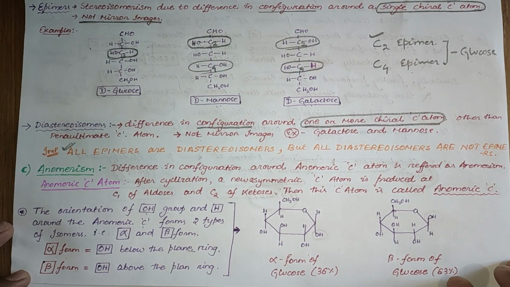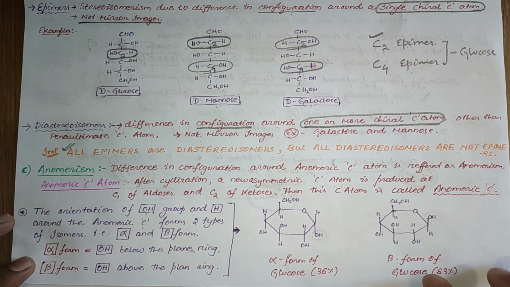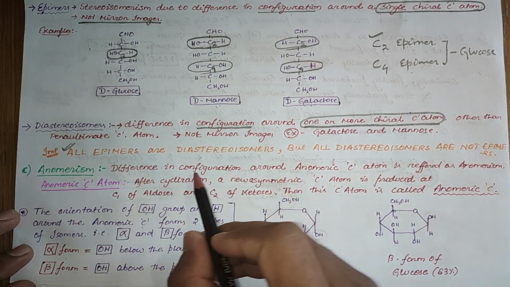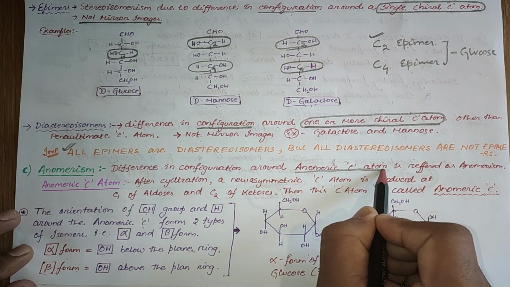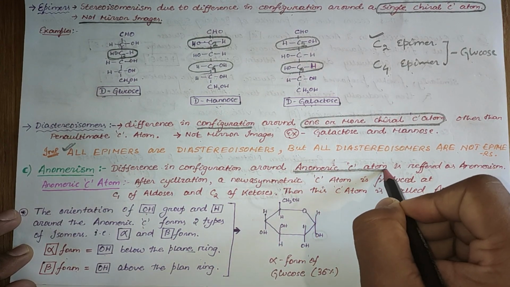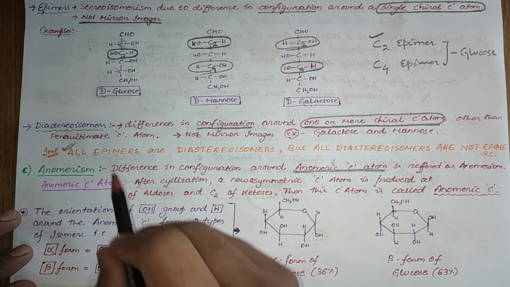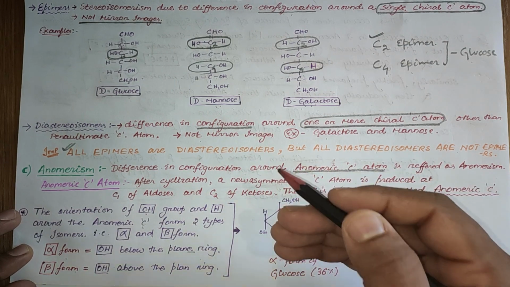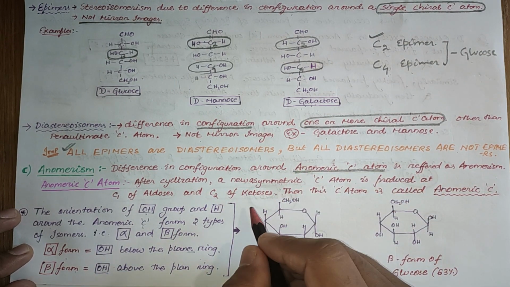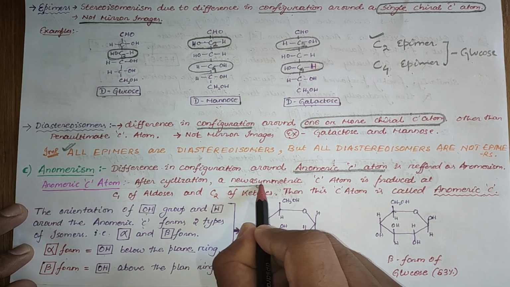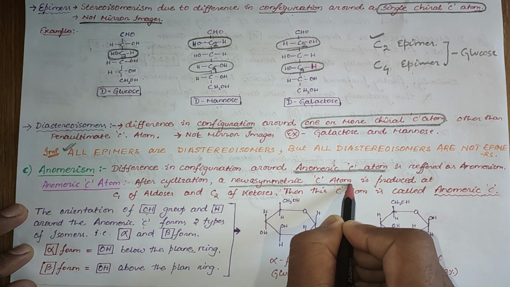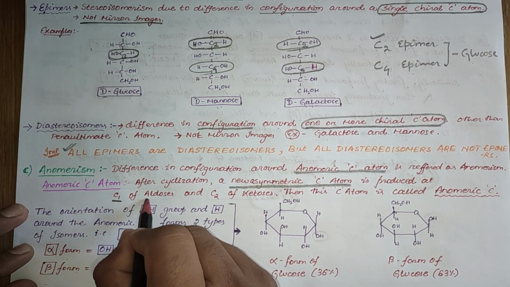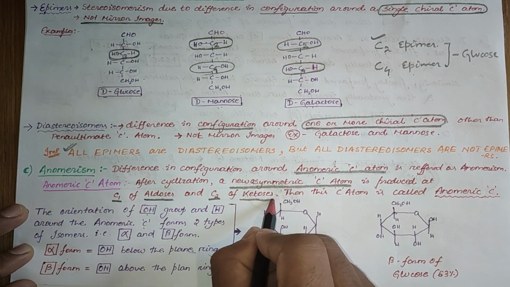Then the next type of stereoisomerism that we are going to read is anomerism. What do you mean by anomerism? The isomers differ in their configuration around the anomeric carbon atom. What do you mean by anomeric carbon atom? When the monosaccharide undergoes cyclization, it forms a hemiacetal or hemiketal bond, as I have said, and there will be a formation of a new asymmetric carbon atom, or a new chiral carbon atom, that is C1 of aldoses and C2 of ketoses.